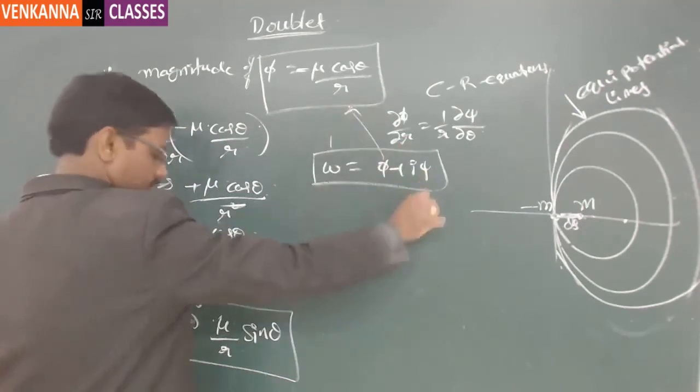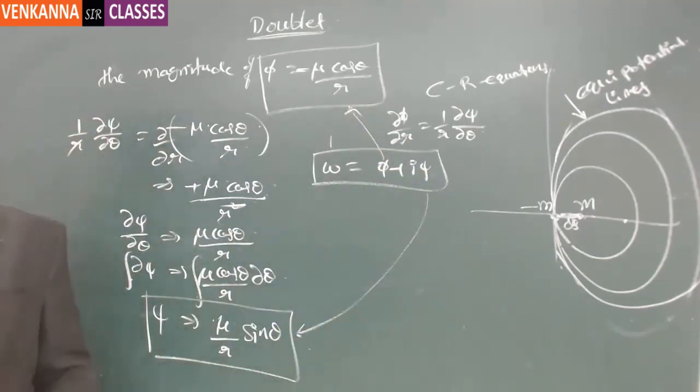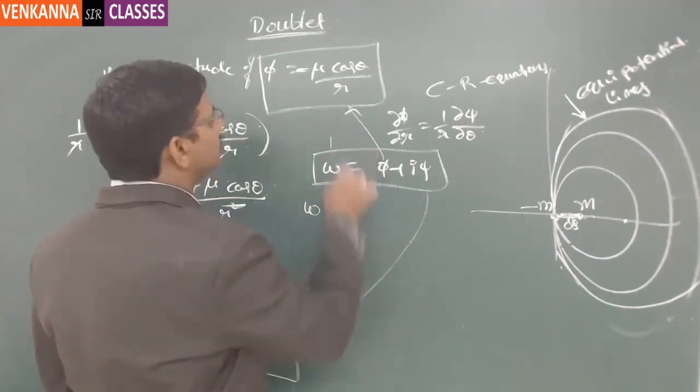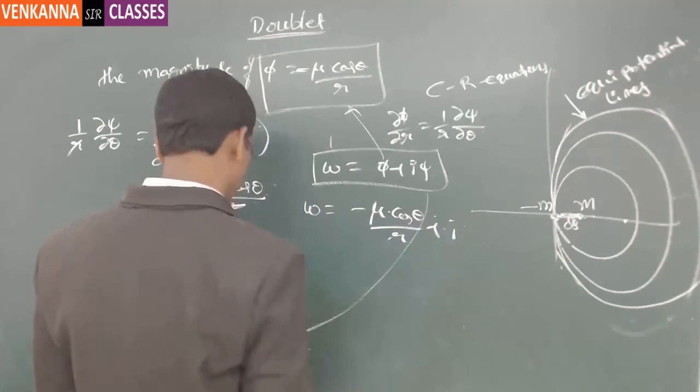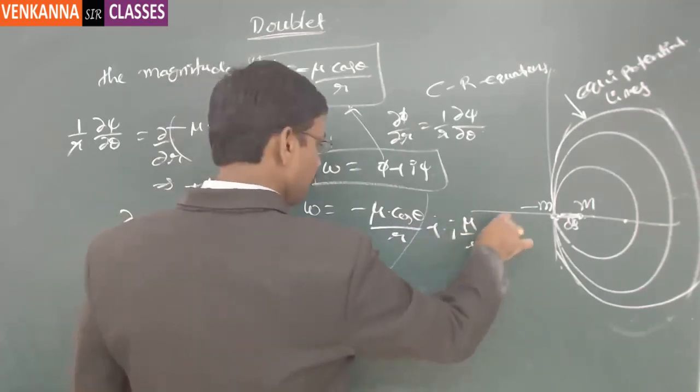Writing it together, phi plus i psi is minus mu cos theta by r plus i times mu by r sin theta.